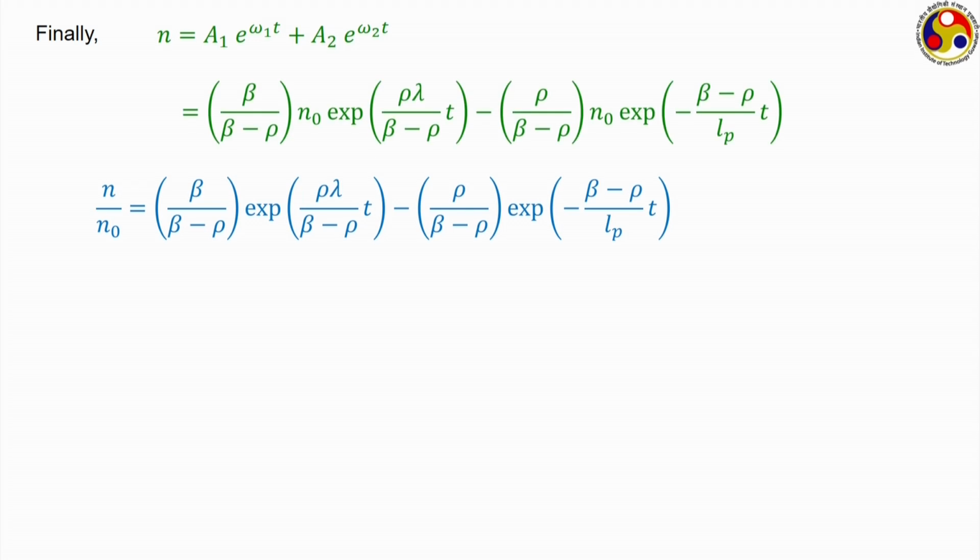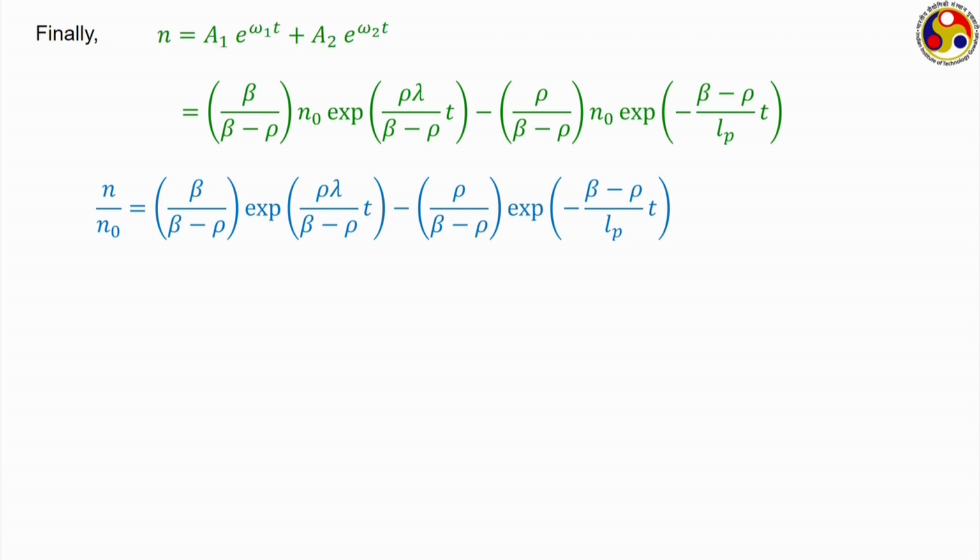Now, we know that N is equal to A1 into e to the power omega 1 t plus A2 into e to the power omega 2 t. We put in the expression of beta by beta minus rho into N naught for A1 with exponential omega 1 t, and the second expression with omega 2 t, and once we rearrange the terms, this is what we get finally.